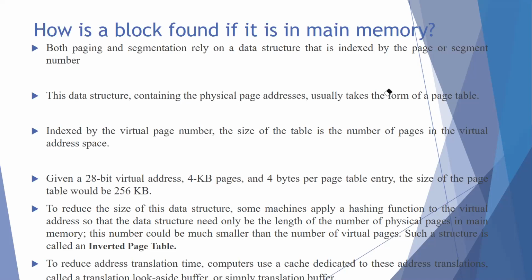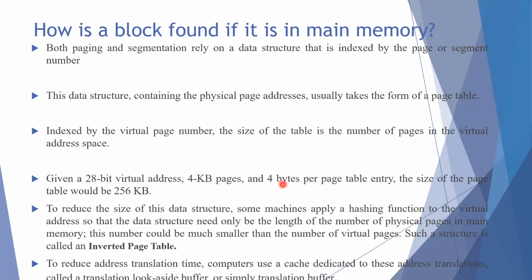So we can optimize the page size to vary the page table size also. Just this example we took last time. If we had 2 raised to power 28 as the virtual address, 4 kilobyte as the page size, accordingly we had 2 raised to the power 16 as the number of pages in the virtual memory, and hence 2 raised to power 16 entries in the page table.